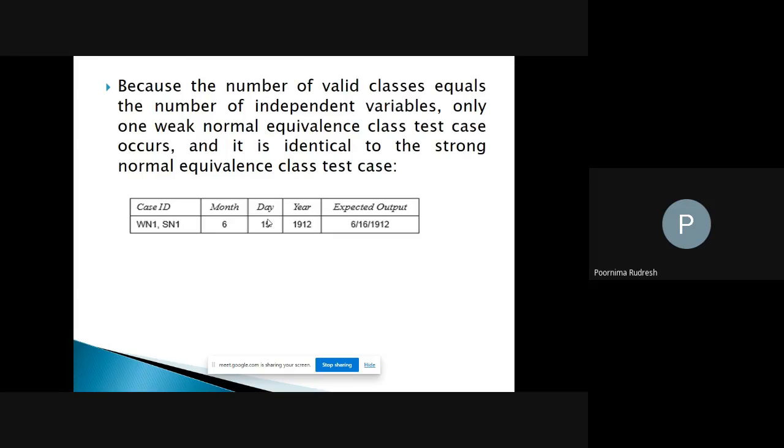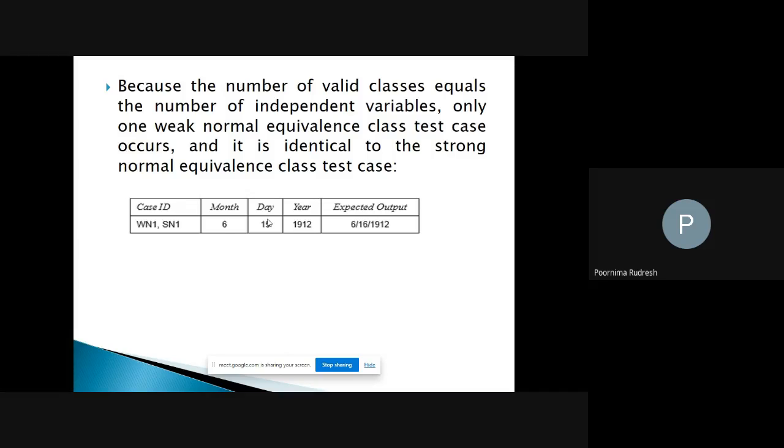So we see the number of valid classes equals the number of independent variables, and hence only one weak normal equivalence test case is constructed, and it is identical to the strong normal. So whenever we are constructing the weak normal or strong normal test cases, normally the number of test cases will be equal for both.